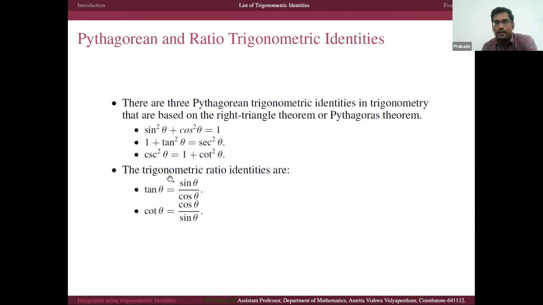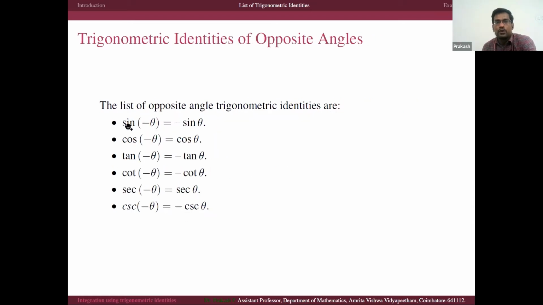Under the trigonometry ratio identities, this is a well-known one: tan theta is sine theta by cos theta. Even we can prove it geometrically, but that is not needed now. I already explained this list of opposite angle trigonometry identities.